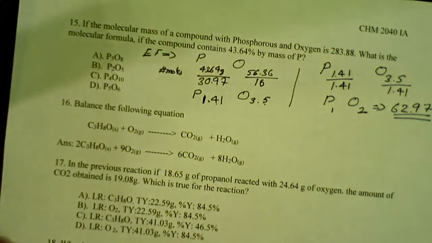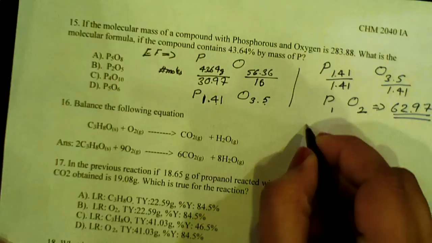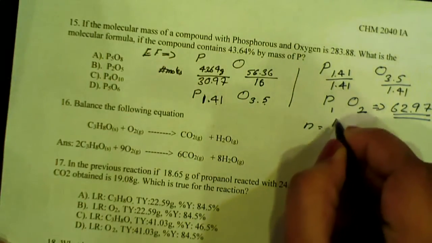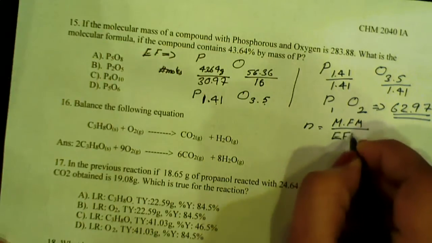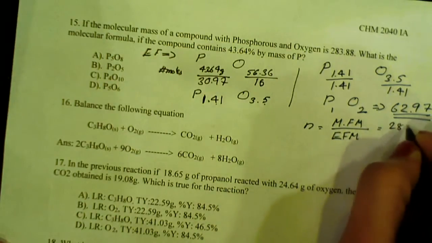So that is going to be 62.97, and then the molecular mass is already given, 283.88. So the empirical formula will give you the simplest form of that compound.